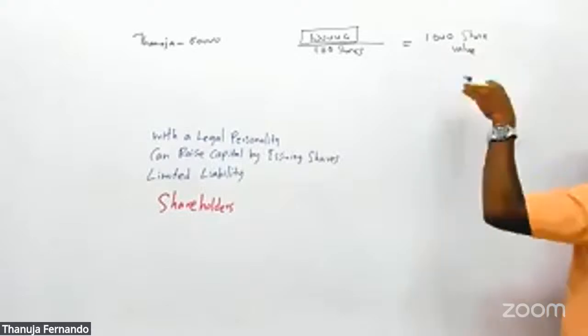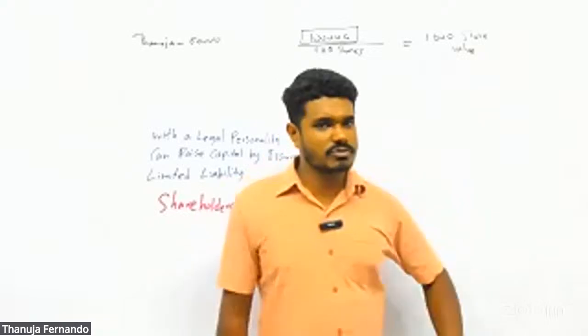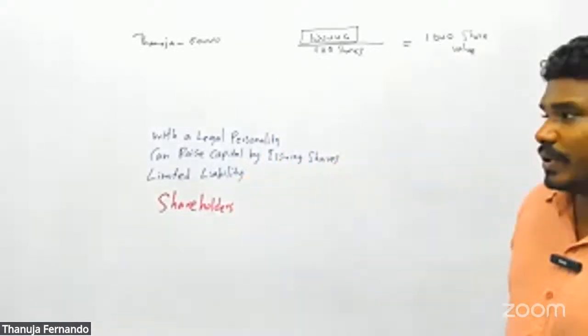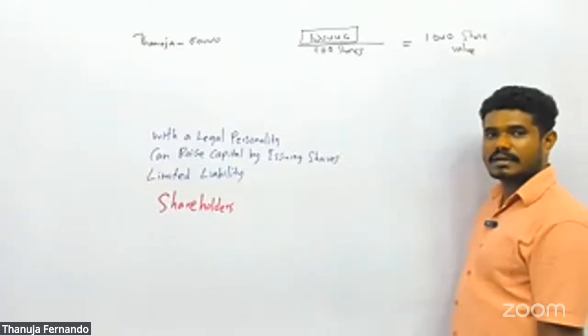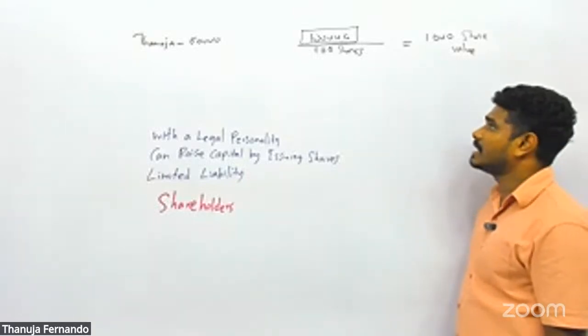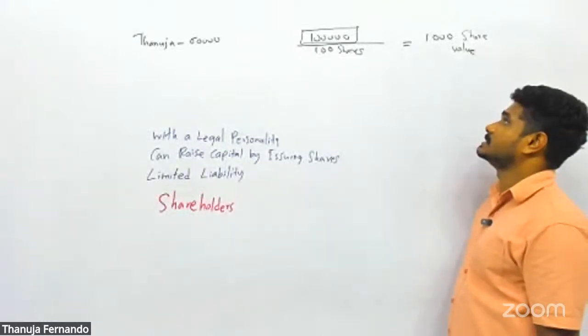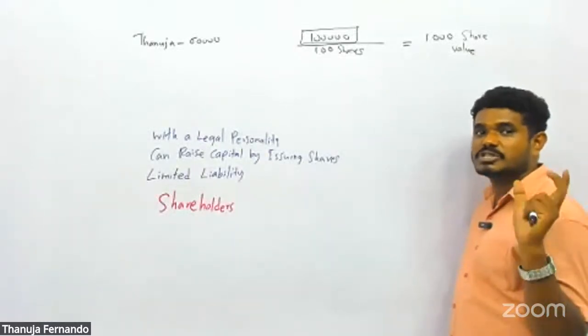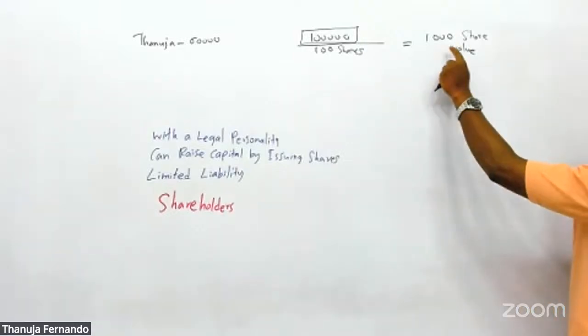Not only 100; if you need, you can divide into 1,000 or 10,000. No problem, it depends on your opinion. So I divide this 100,000 into 100 shares, and one share is equal to 1,000 rupees.